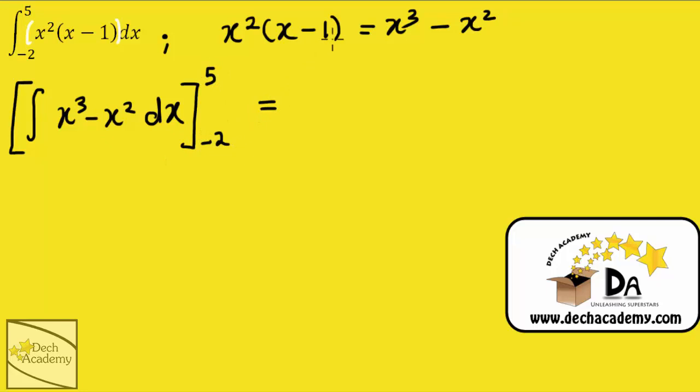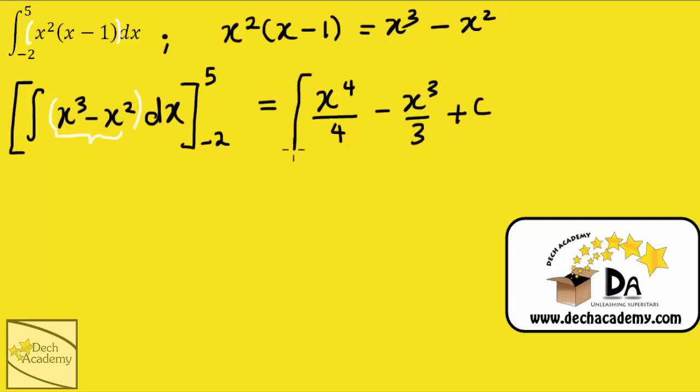And this is equal to, so let's first find the definite integral of our integrand, which is now x cubed minus x squared. This is our indefinite integral. Integrating that gives x to the 4 over 4 minus x cubed over 3 plus an arbitrary constant. And then have an upper limit of 5, a lower limit of minus 2. So I'm going to replace x with 5.